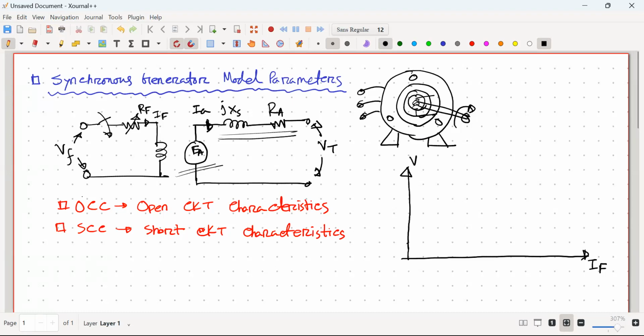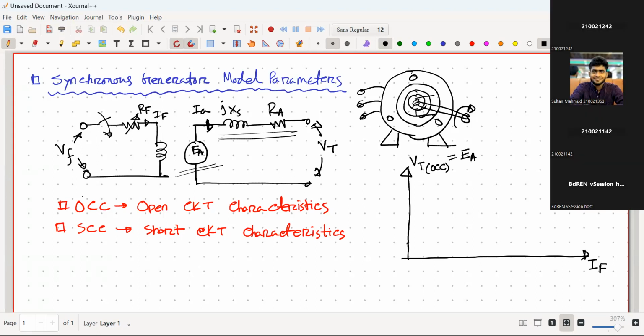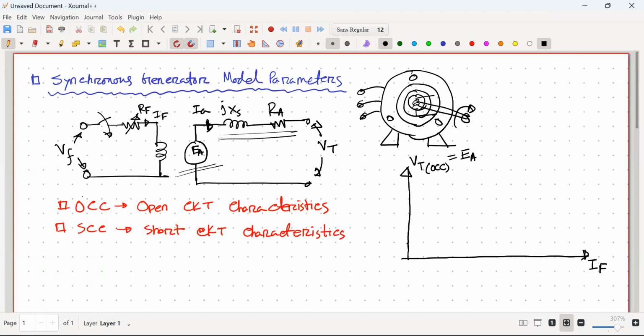So if I take VT under open circuit characteristics condition, it is actually equal to EA. Now, if we do not provide any field current, so there is no magnet here, what will be the value of EA or VT?